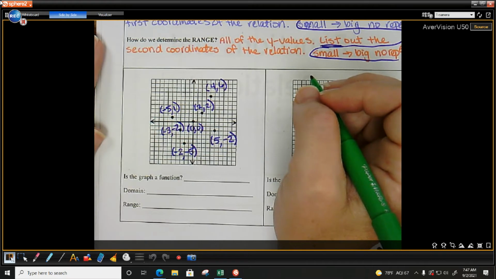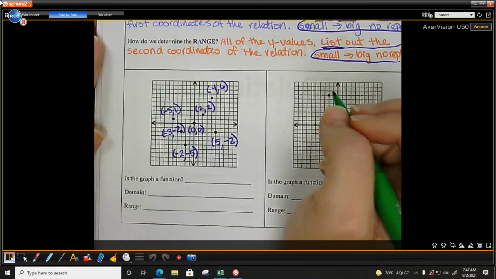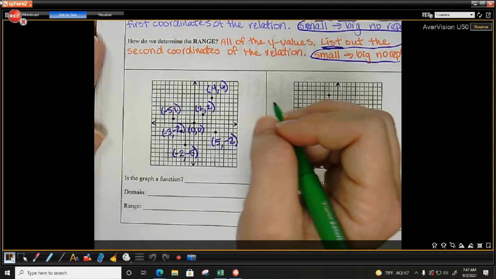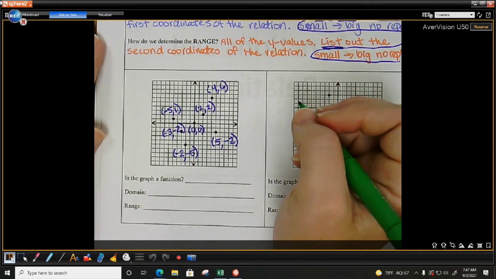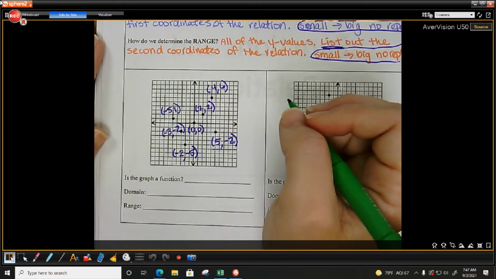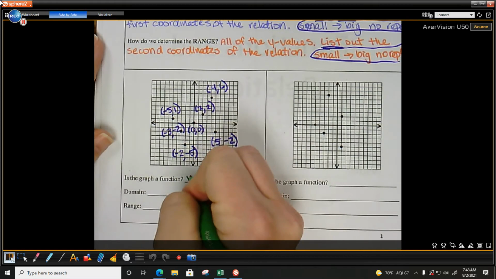Are any of those values the same? No. So if it doesn't have repeated x values, is it a function? You're not a function if you have a repeated x value. If you don't have repeated x values, then you are a function. So is this one a function? Yes, because there's no repeated x's.